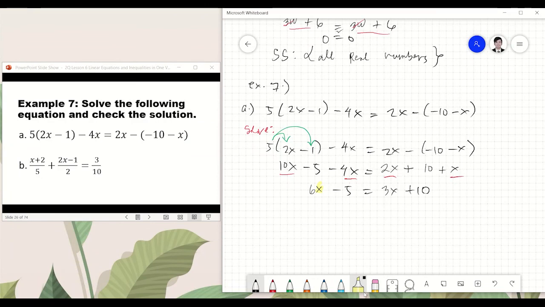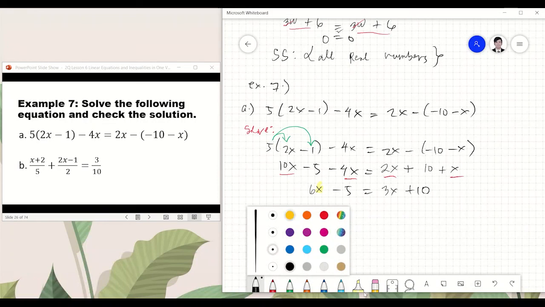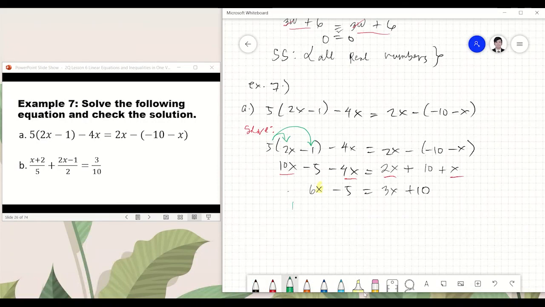So, yan yung muna yung unang tatanggalin natin by adding its opposite using APE. So, mag-a-add tayo ng opposite ng negative 5, which is positive 5. Whatever you do on the left, do on the right. But align the like terms, okay? Para mas madali. So, ito, 6x. Ito, 0. Ito naman, 3x. Ito naman, 10 plus 5, 15.